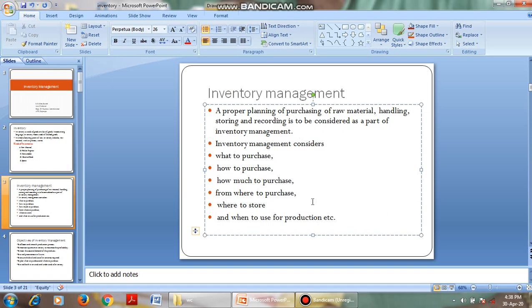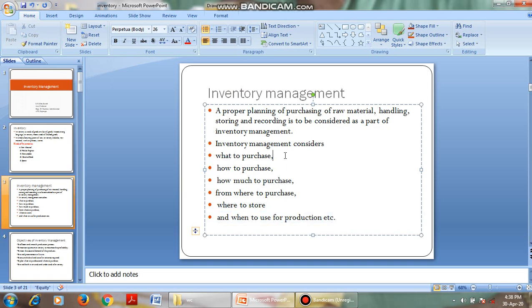So inventory management consists of what to purchase, how to purchase, how much to purchase, from where to purchase, where to store them, and when to use for production.